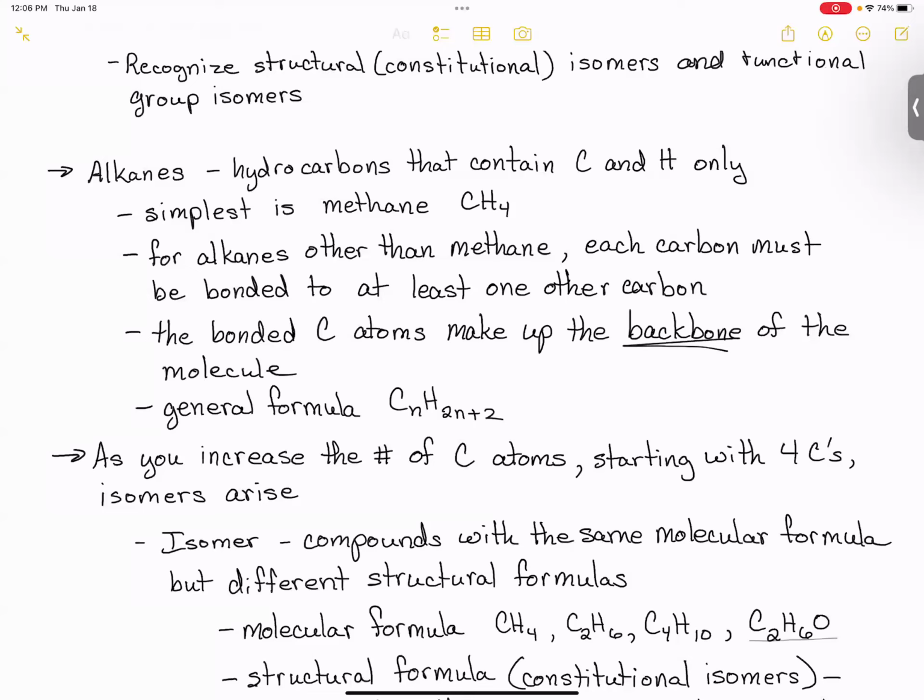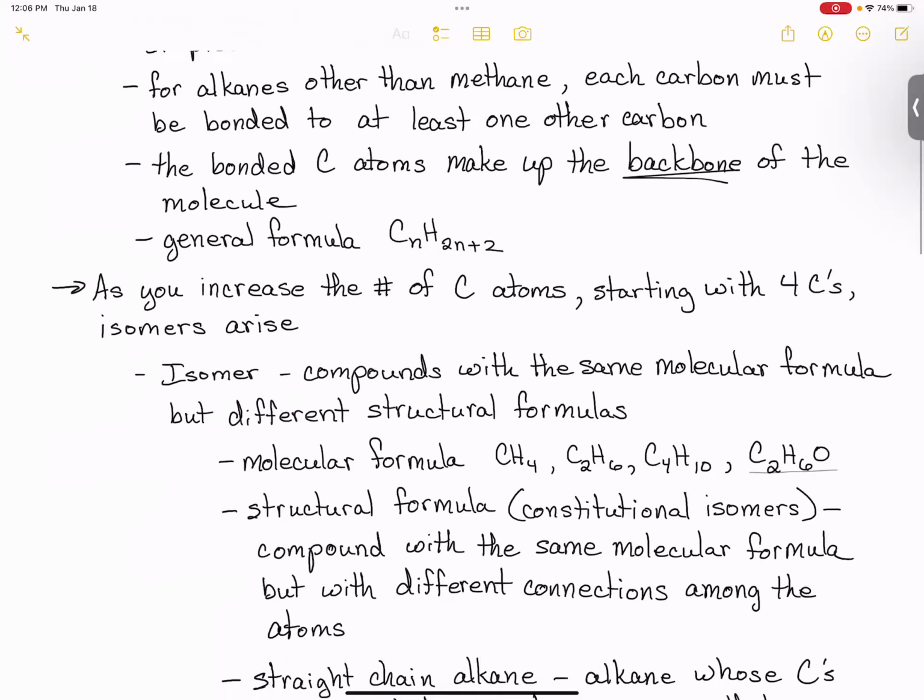Ethane has 2 carbons and 6 hydrogens. Butane has 4 carbons and 10 hydrogens. And then we get into other molecules such as C2H6O, which means it would have 2 carbons, 6 hydrogens, and 1 oxygen. That is the molecular formula.